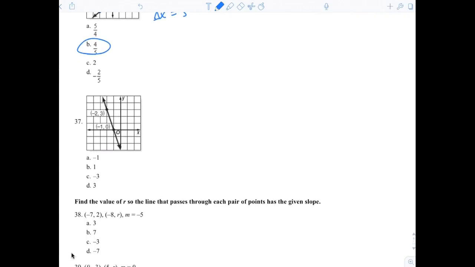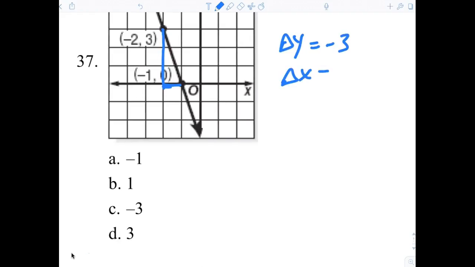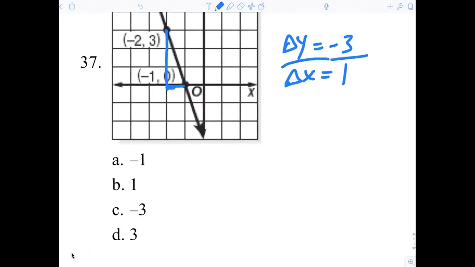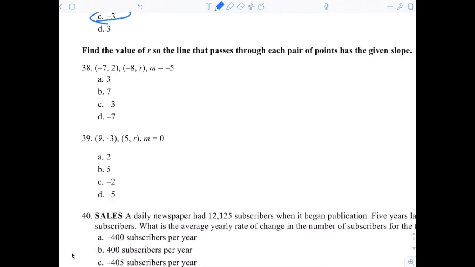All right, here we go. 37. So I found the 2 points. I'm going to do my delta y. Delta y, be careful, is -3, right? And then delta x is 1. So my slope is... All right, guys, I'm feeling good about you. Here we go. I want the slope to be -5.